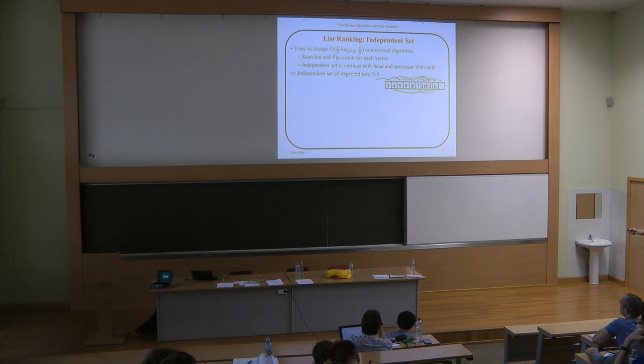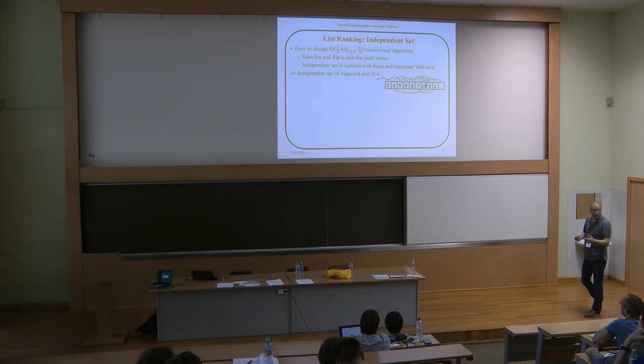And I expect the size of that independent set to be n over 4, so alpha is 1/4. Because I should be head and my successor should be tail, there's a half probability of each, and they're independent. So the probability of me being in an independent set is 1/4. That's easy, and I can easily do that in a scan.